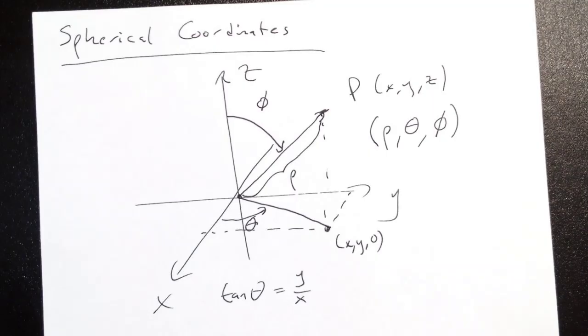Question for you. I have a formula for theta because it's the same theta. What's my formula for rho?